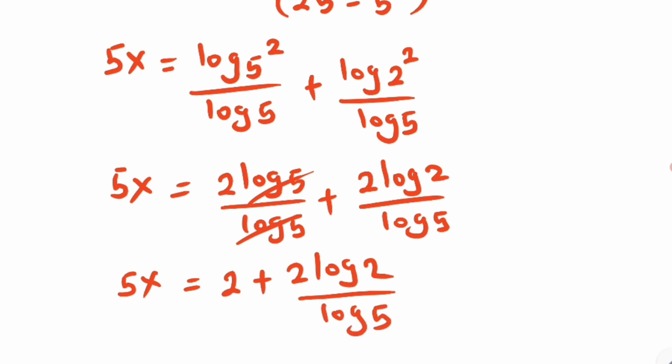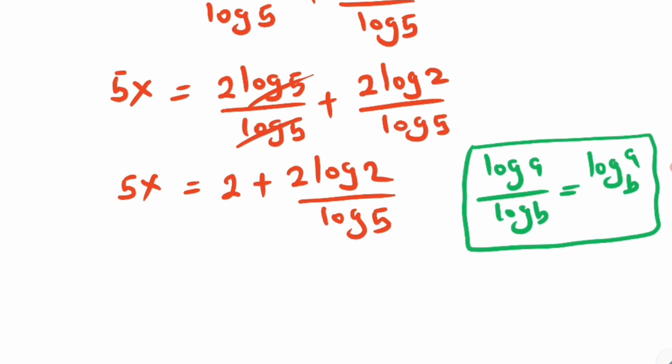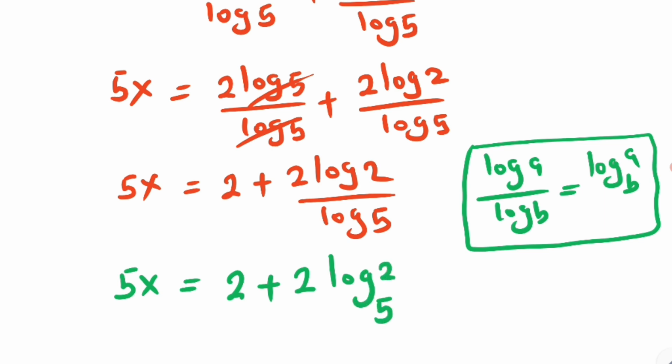But if you have log A over log B, this is equal to log A base B. Then 5x is equal to 2 plus 2 log 2 base 5.